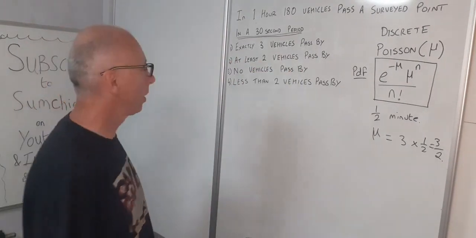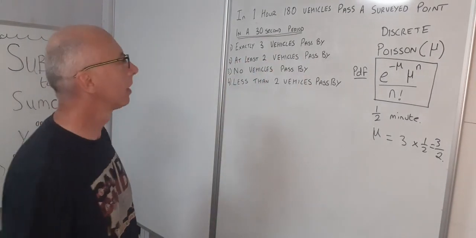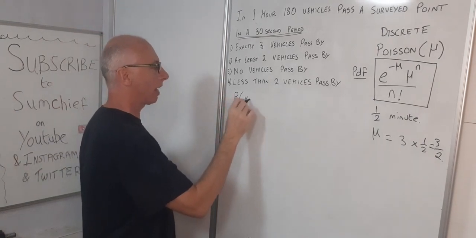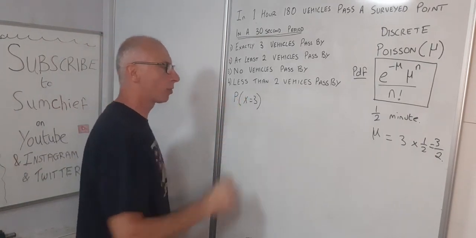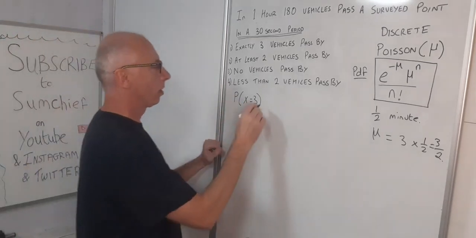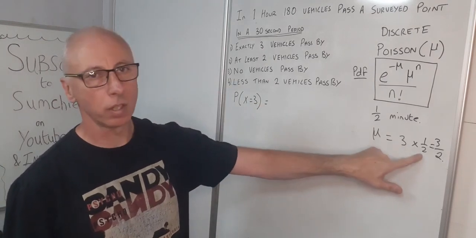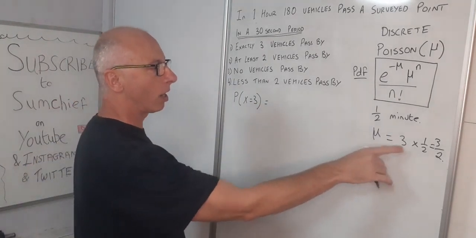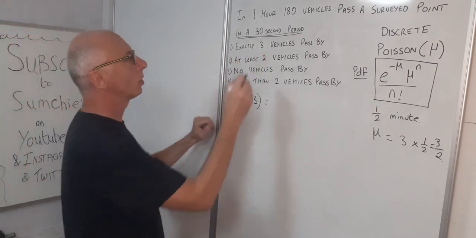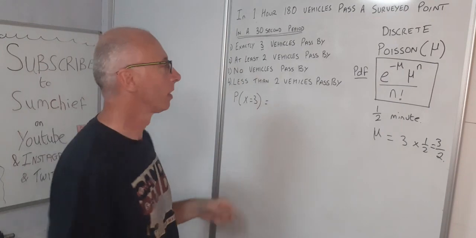So question 1, let's have a look at that first. Exactly 3 vehicles pass by. So what we're looking for now is the probability that x equals 3. So exactly 3. So for that, we can use our PDF with our values plugged in. So we've got our flow rate is 3/2. Now for exactly 3 vehicles, we know our n is 3.